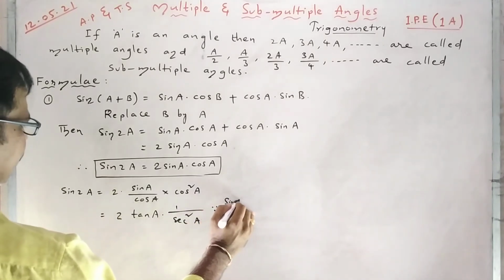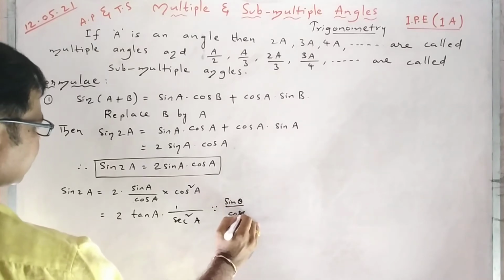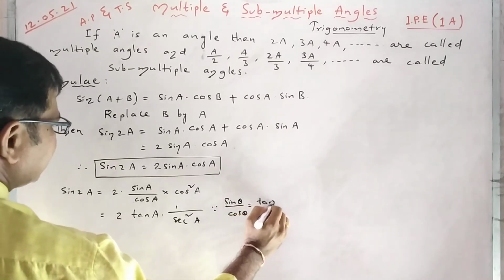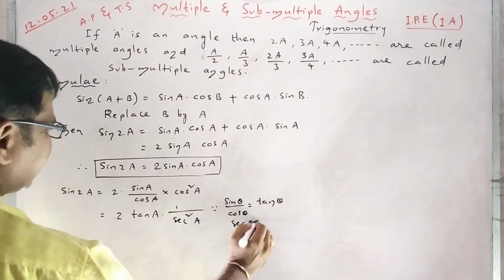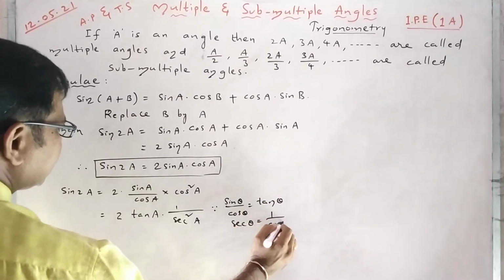Since sin by cos is nothing but tan theta and secant theta is nothing but 1 by cos theta.